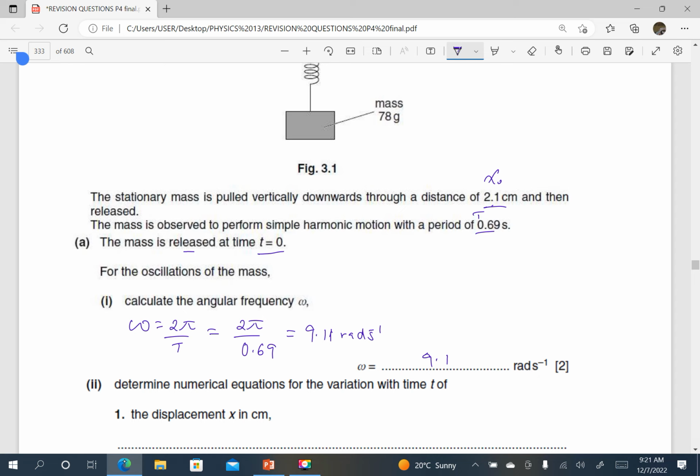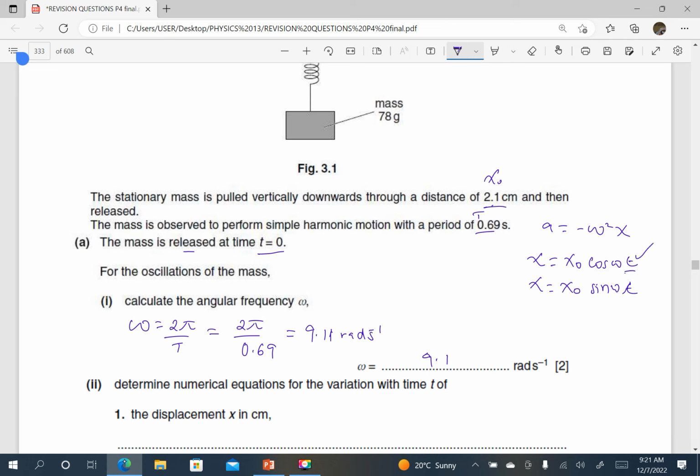There are two solutions to the equation a equals negative omega squared x. The first one is x equals x naught cos omega t, and the other one is x equals x naught sine omega t. Which of these two equations gives us maximum displacement when t is 0? That is this equation here.